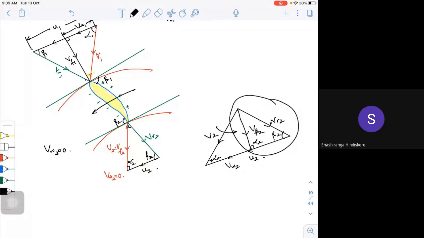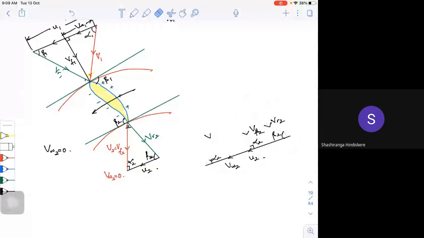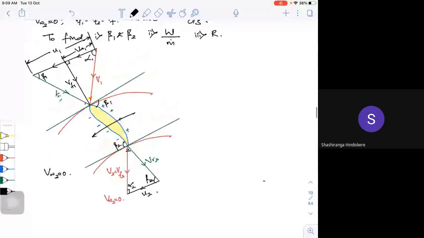Once you are able to draw your velocity triangle, I can easily use trigonometric principles and solve for the other components of velocity, whatever is missing. Now let us do it one by one. Before we go ahead, what are the peripheral or blade velocities at inlet and outlet?